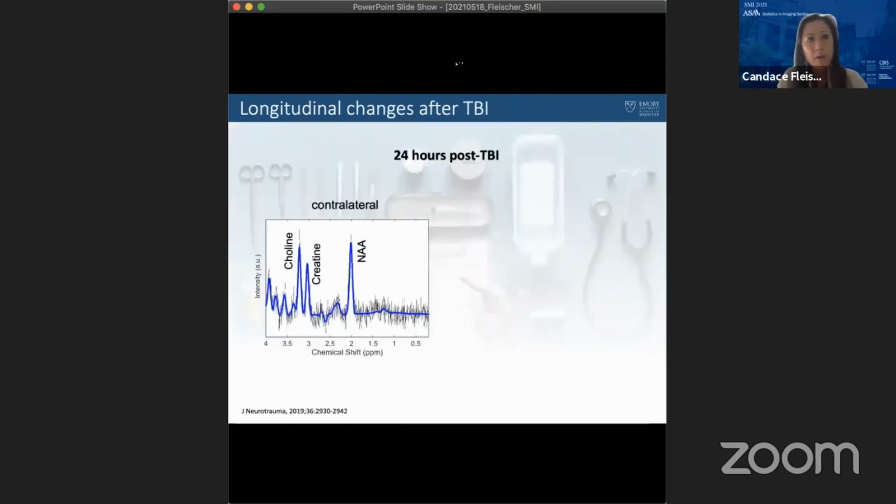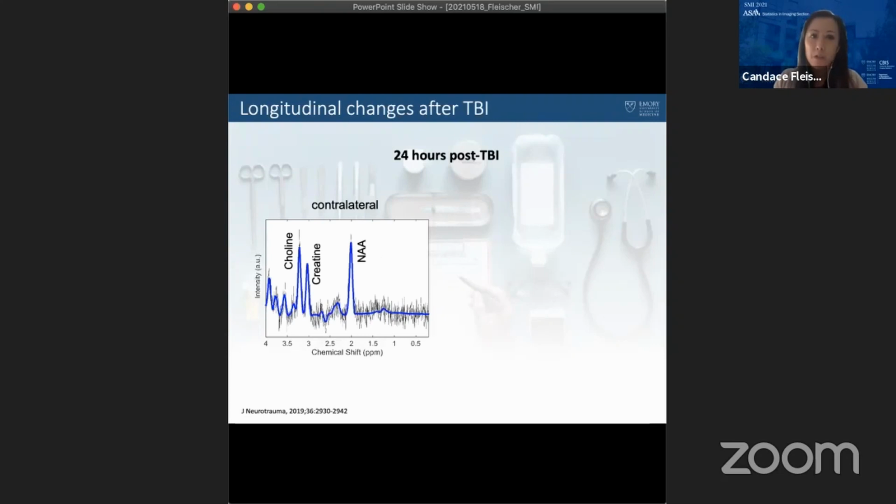So in our piglet model of traumatic brain injury, we looked at this over a period of time, but 24 hours post a controlled traumatic brain injury. If we look at the seemingly healthy or the contralateral side of the brain, the spectrum actually looks fairly similar to what we saw in healthy humans, where we have a large NAA peak and then both a choline and a creatine peak.